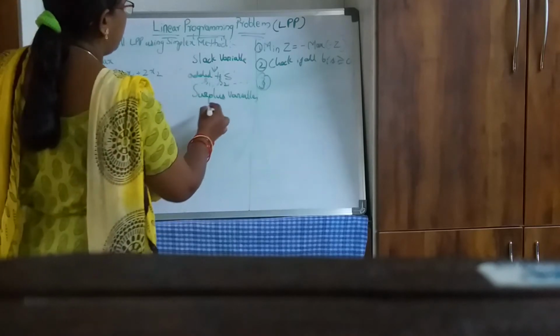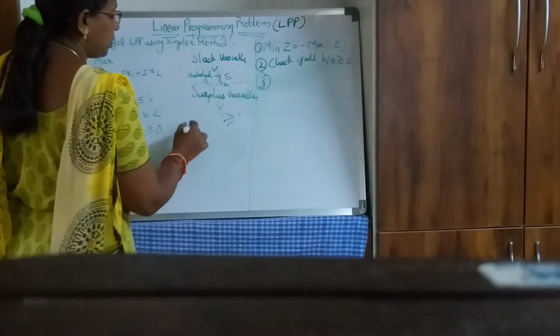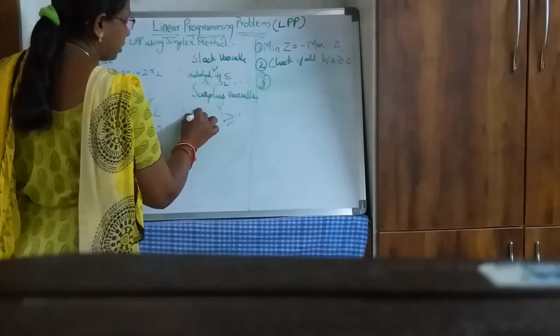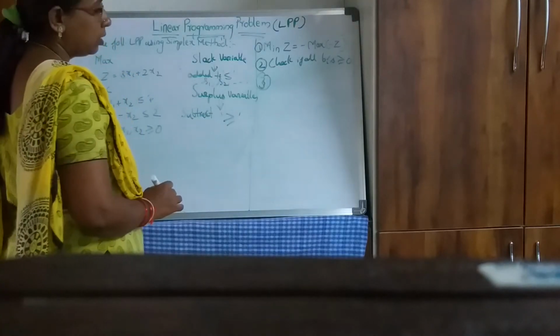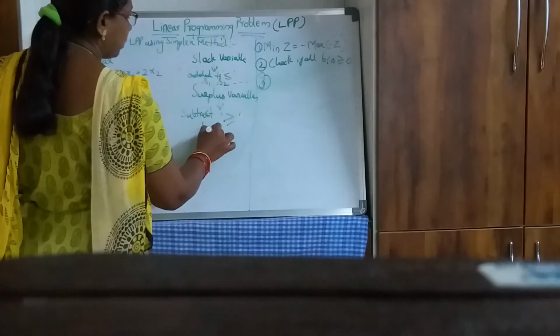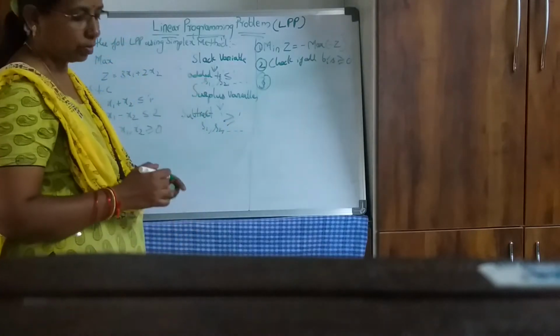Surplus variables are used when you have greater than or equal to type of constraints, and here we subtract them. We denote them as S1, S2 and so on, and the cost of these variables is also 0.